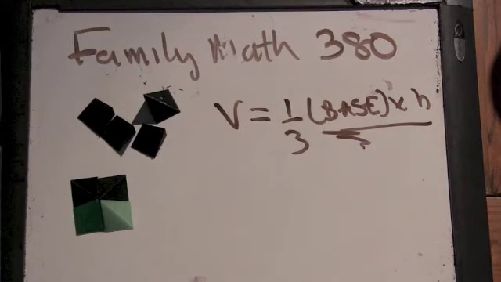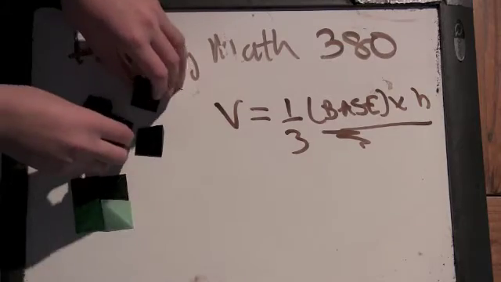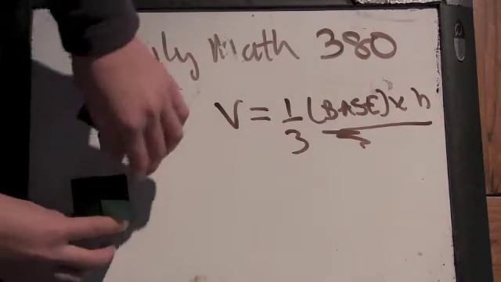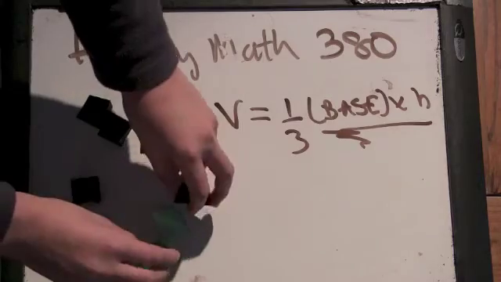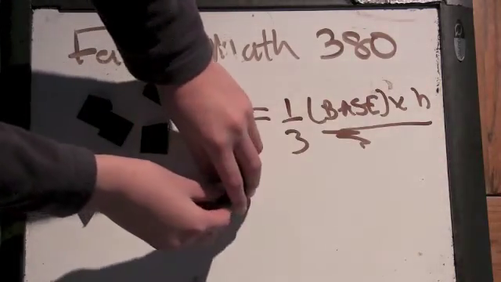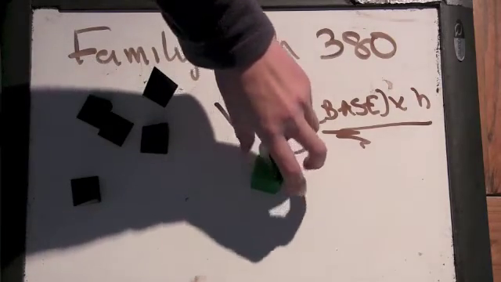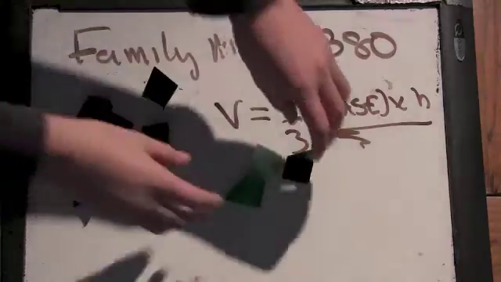Yeah. Okay. How do these little pyramid shapes help us see that? Well, when these fold up into cubes, the area of the base of the cube times the height of it is the whole cube.